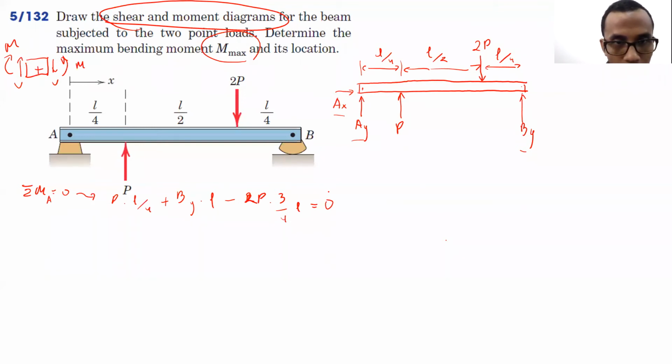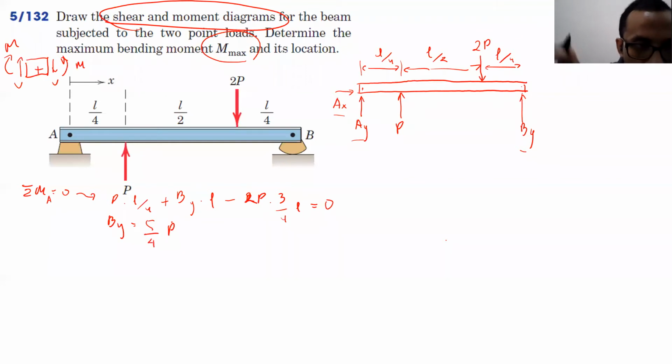So by solving this, we will be able to get BY, right? What is the value of BY here? Five per 4P.